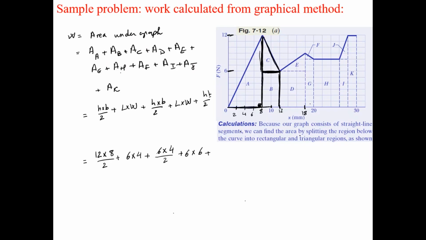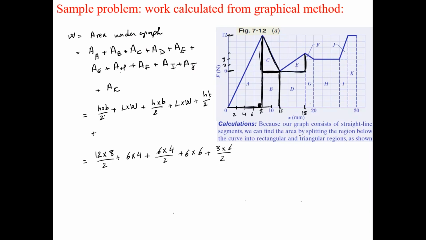The height of E is this, which is, let's see, if this is 6, this is 12, then this is 7, this is 8. So the height of section E is going to be 3. The base of section E is 18 minus 12, which is 6, over 2.